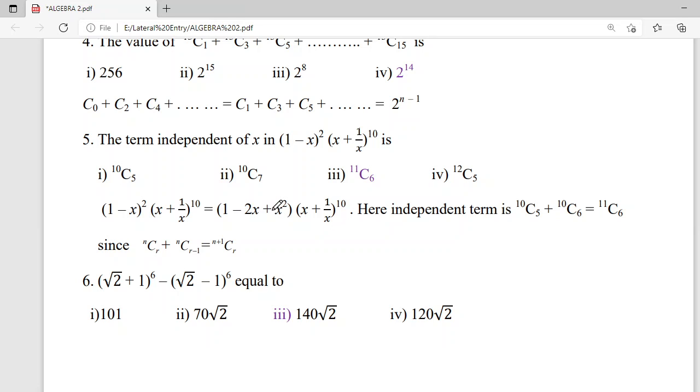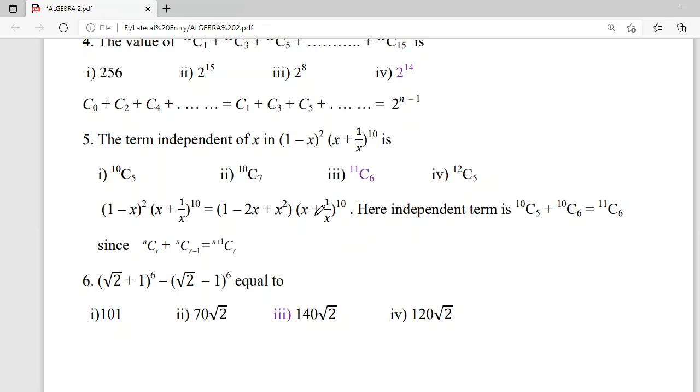Now for this, your general term is this one: nCr a to the power n minus r b to the power r. There are 11 terms here. Then you multiply these things, and when you multiply, you have to find the term independent of x. So how will you do it?